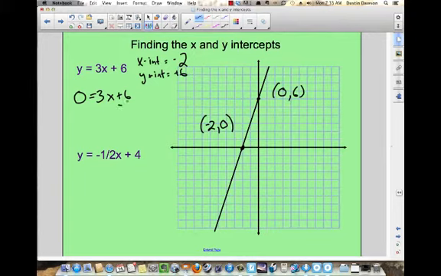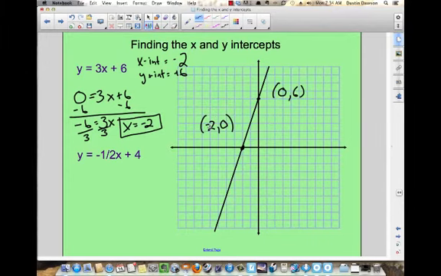So if I subtract 6 from both sides, just like we have a million times, we have negative 6 equals 3x. Divide both sides by 3, and x equals negative 2, just like what we found on the graph here. So that makes it really nice.